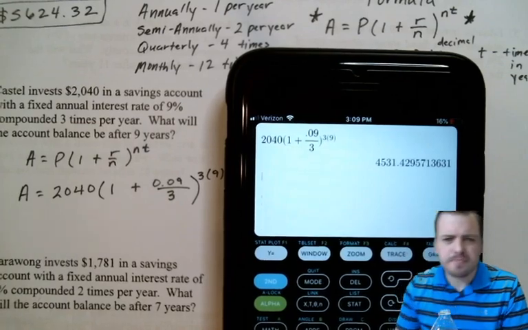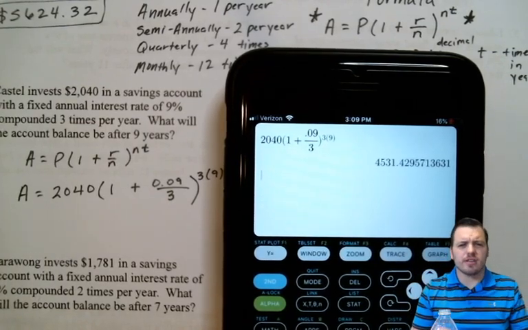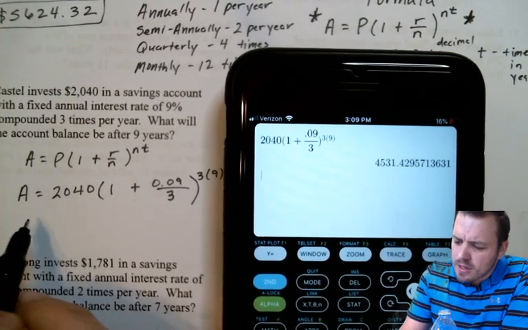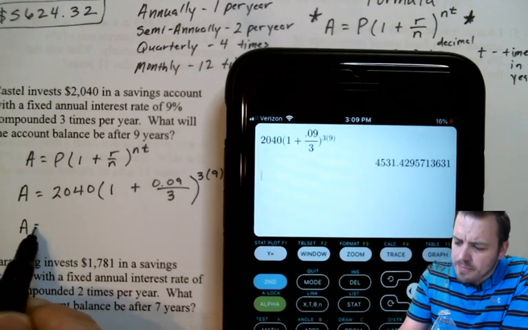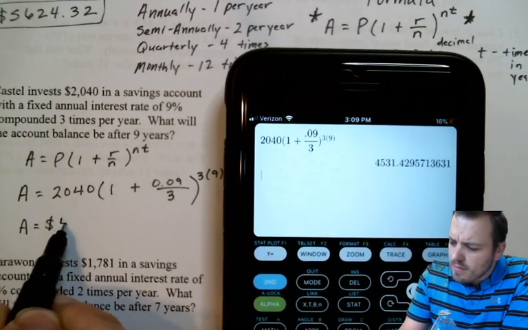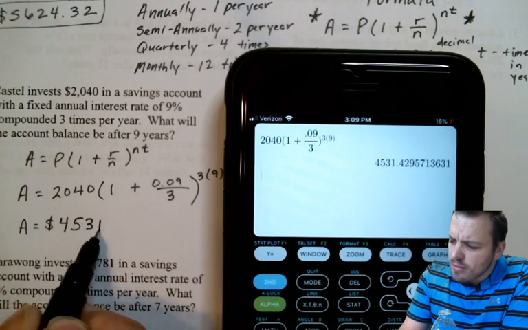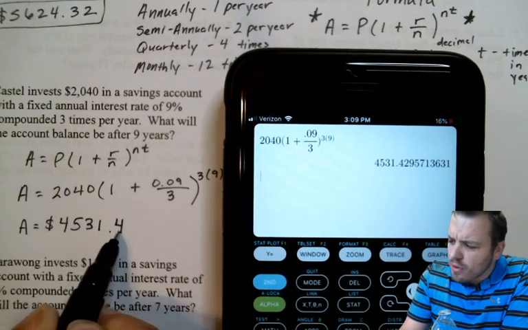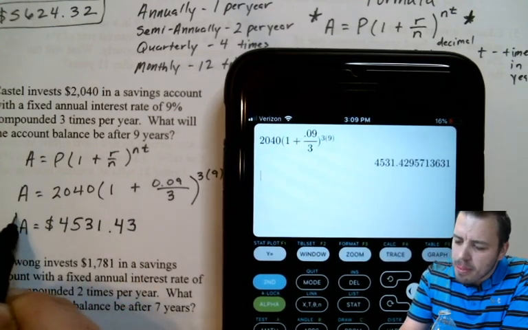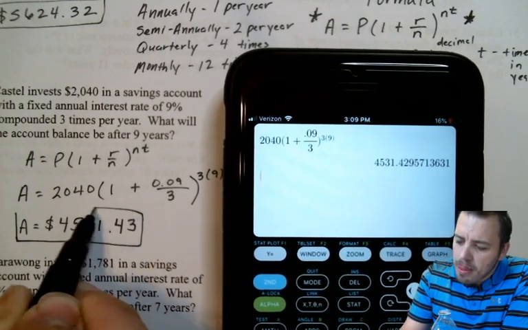We enter, and I just want you to round to the nearest hundredth, guys, since we're dealing with money. So that amount would be 4531.43.